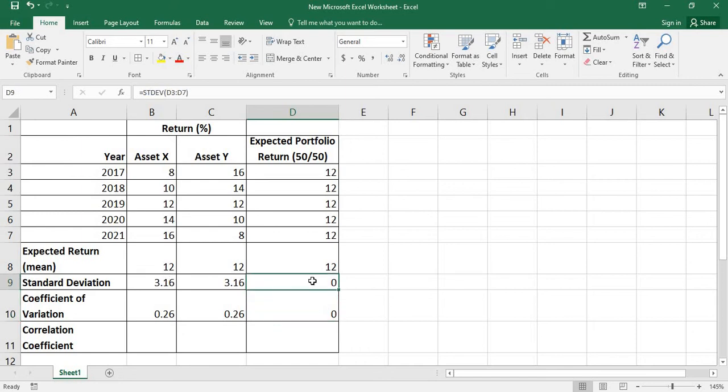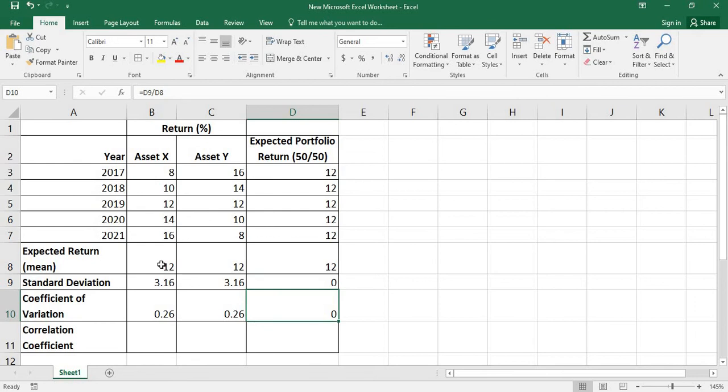Standard deviation of this portfolio, 50-50 portfolio, is also 0. So there are some risks involved in asset X and asset Y. If you invest all of your money in asset X, or if you invest all of your money in asset Y, there is a risk there, but there is no risk as per the data in the portfolio. So you should invest in the portfolio.